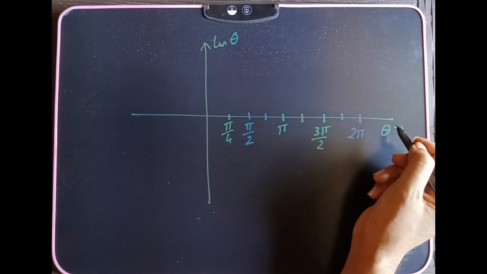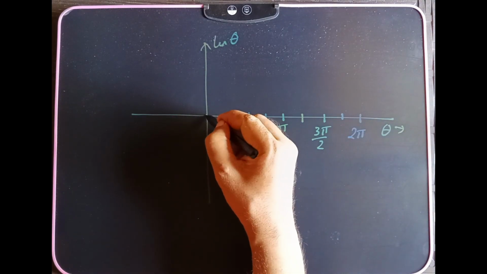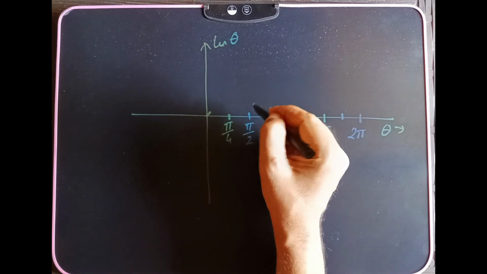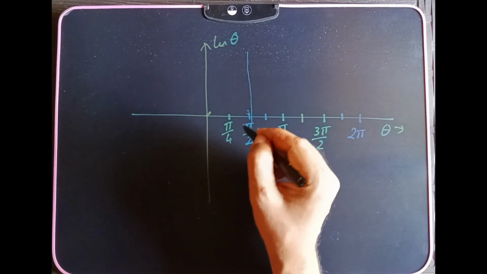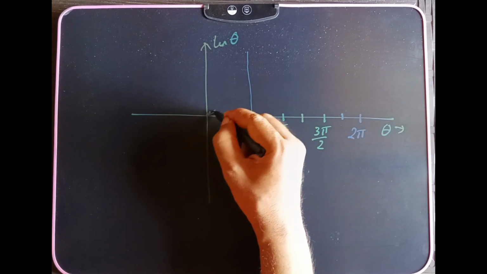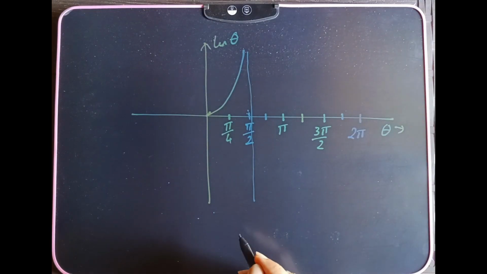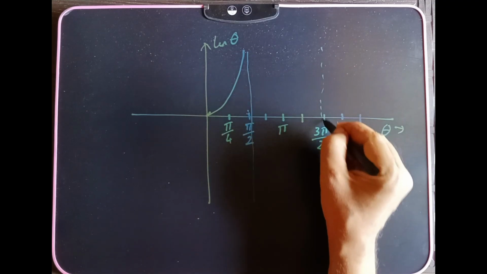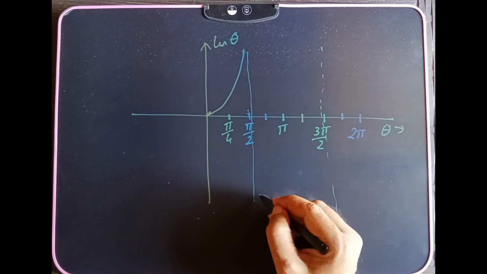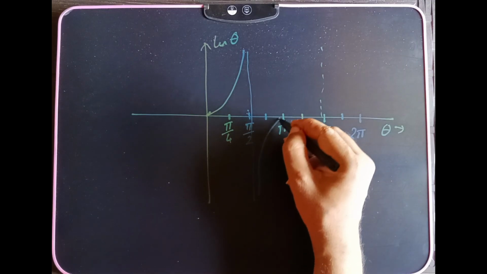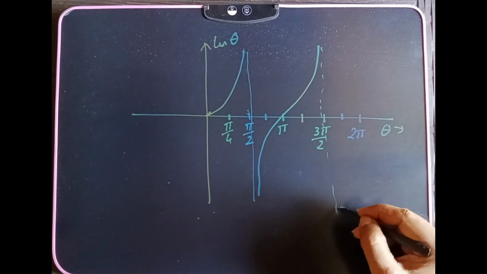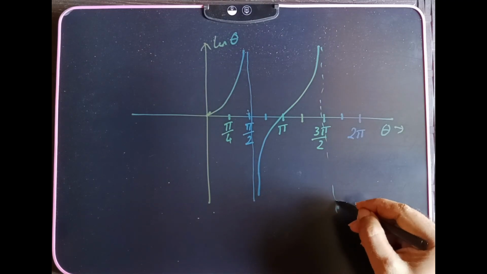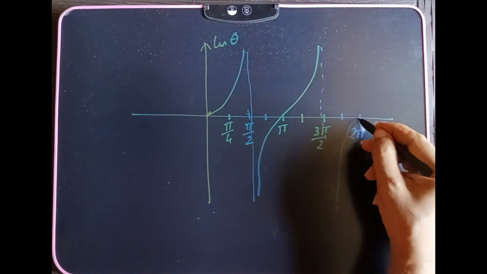The way the graph will look, you can refer to it in your books as well. This is the first part of the graph. The second part is going to be like this, and the third part of the graph is going to be like this.